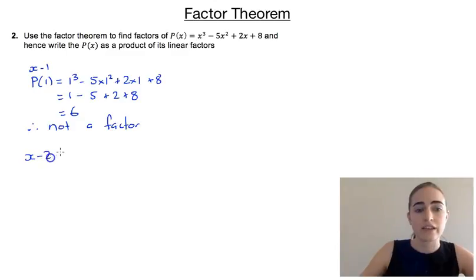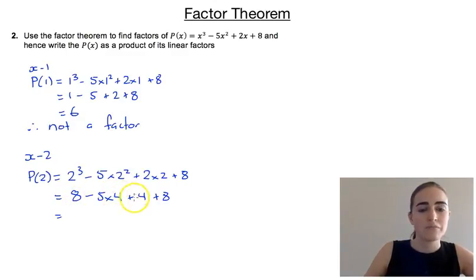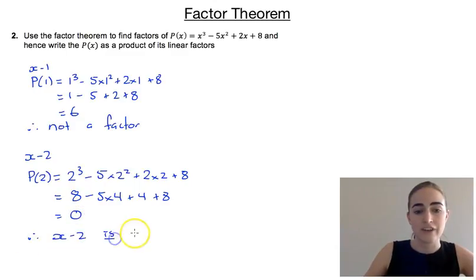Let's have a look and see if x minus 2 is a factor. So we're going to have a look at p of 2. So we'll have 2 cubed minus 5 times 2 squared plus 2 times 2 plus 8, which will give us 8 minus 5 times 4 plus 4 plus 8. So we've got 8 minus 20 would give us minus 12, plus 4 plus 8 would give us 0. So therefore, x minus 2 is a factor.